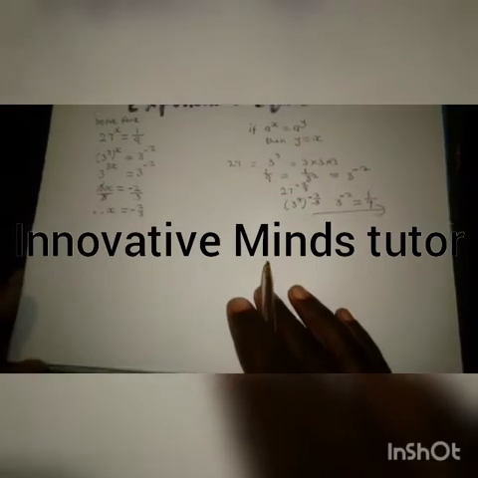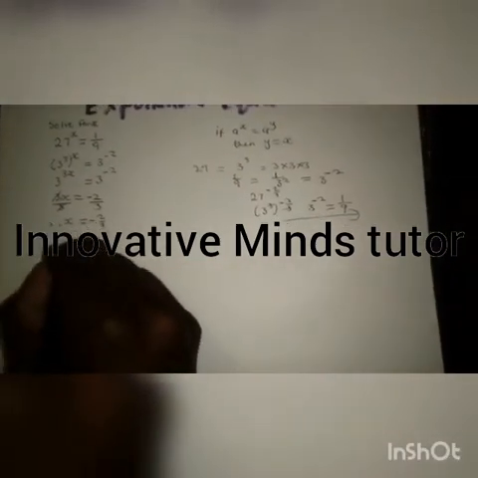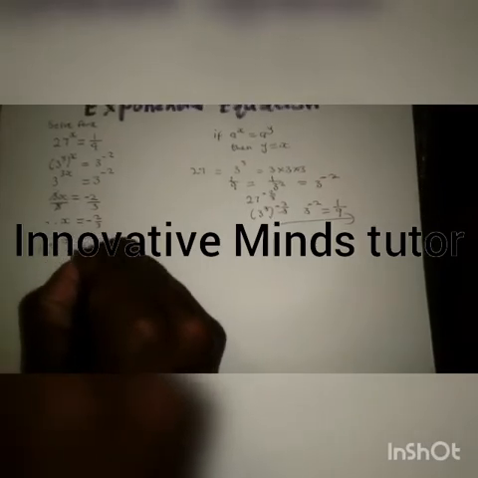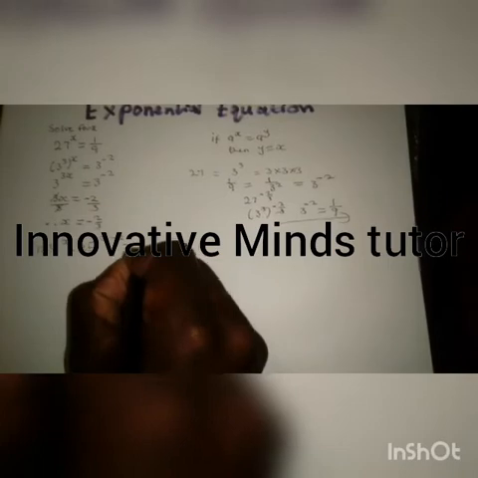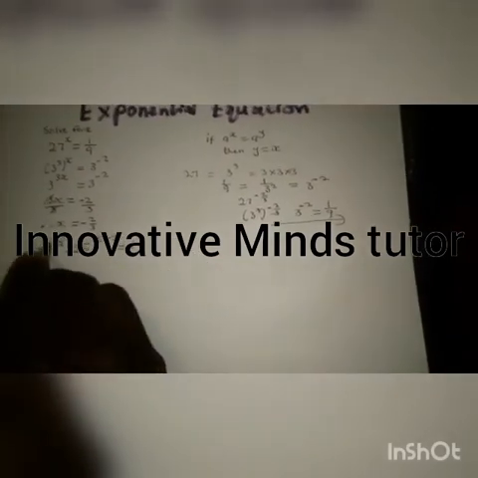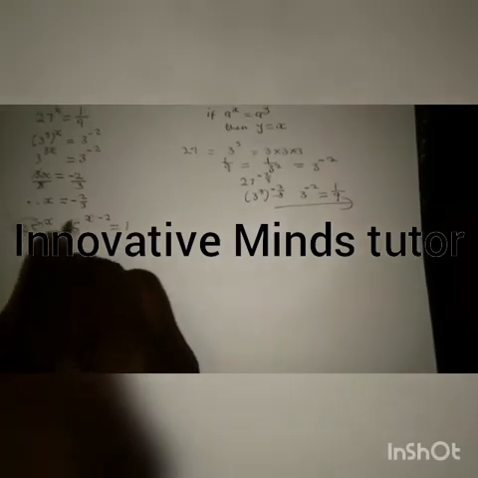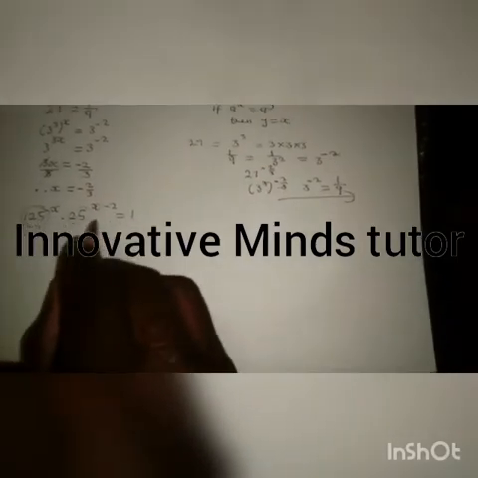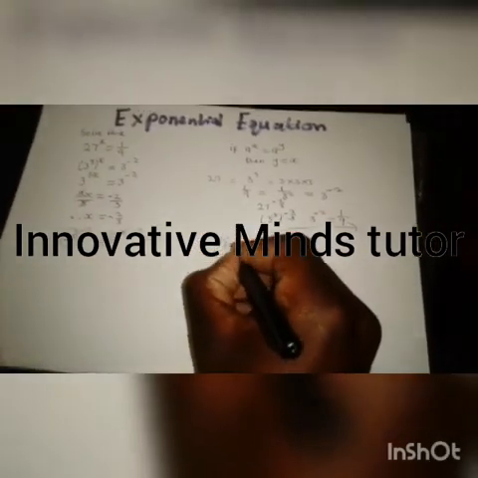So now consider this type of equation: 1 all over 125 to the power of x multiplied by 25 to the power of x minus 2 is equated to 1. We need to change 125 as well as 25 and 1 so that they have the same base. So let's change 125.